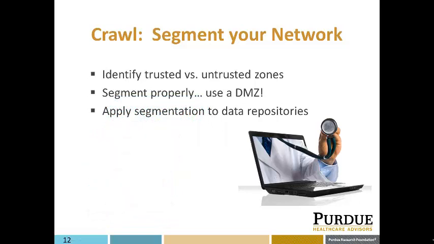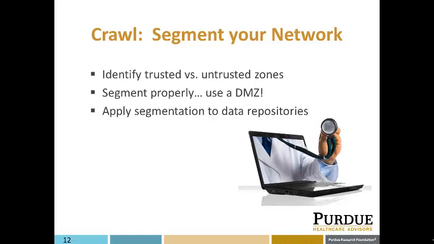So we do that from a network perspective, but the crawling stage, whether you can pull this off or not, you really need to start thinking about applying segmentation to the data repositories. These are your file shares. These are your databases and clinical applications, for instance. You may not have differences, right?